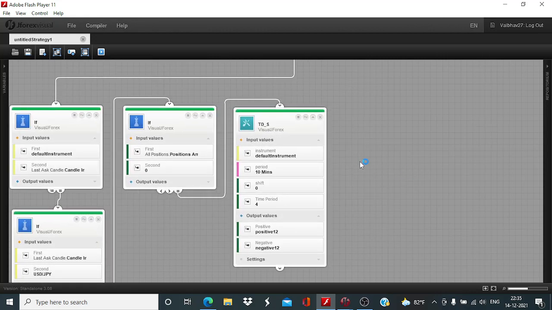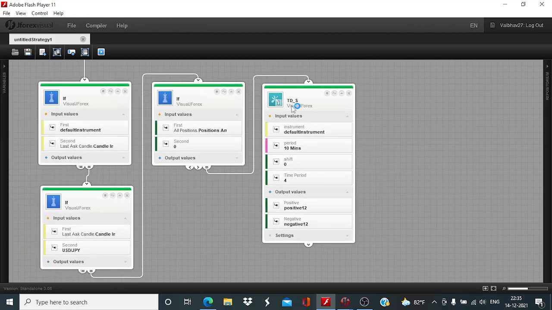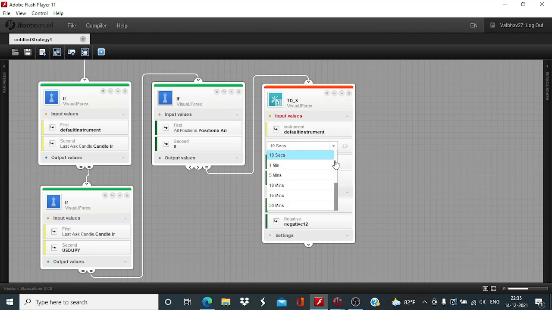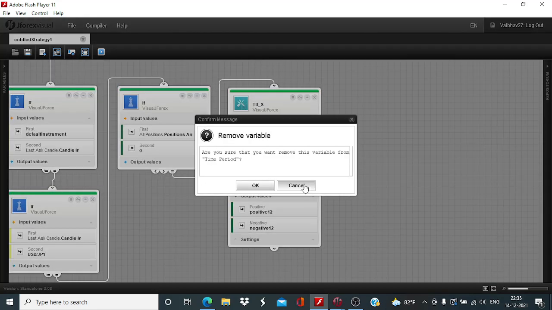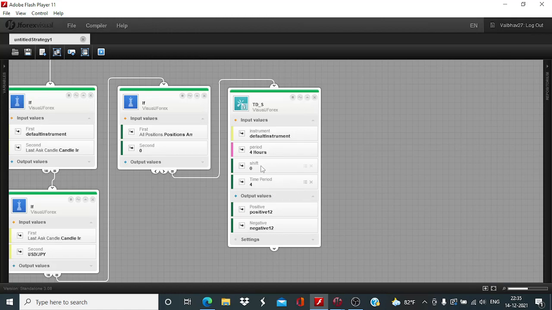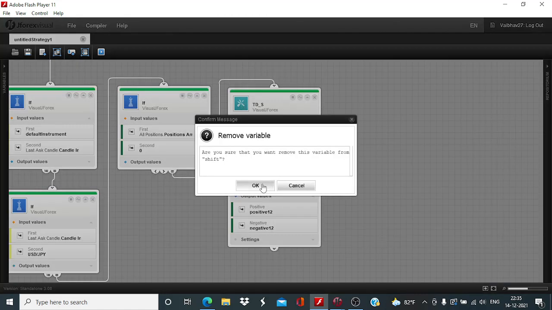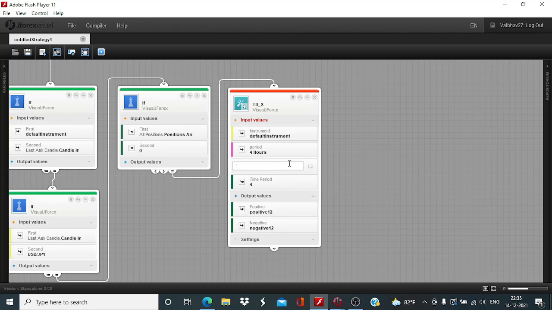Now coming to the TDS from DeMark Sequential, we are going to define this for 15 minutes. Sorry, first we will take it for 4 hours. Time period remains 4. Shift value is going to be 1.